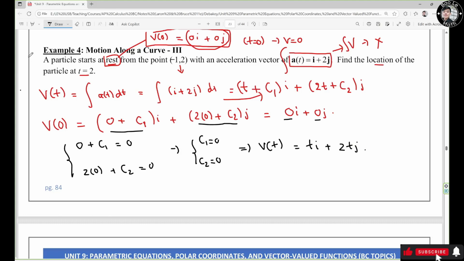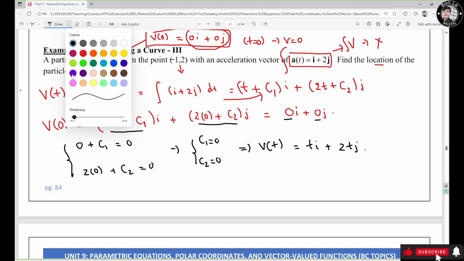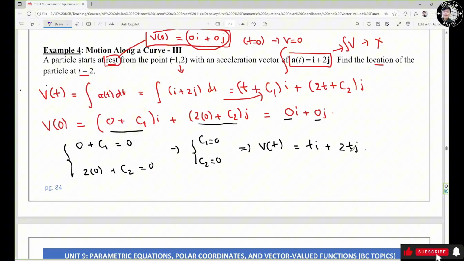2tj. Now I'm going to find the position function by taking the anti-derivative of the velocity function. So s of t equals the anti-derivative of v of t dt. So it's going to be the anti-derivative of ti plus 2tj dt.